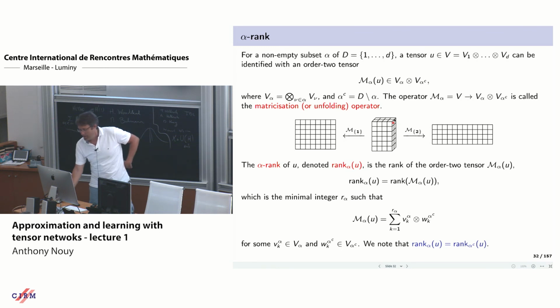If I matricize along the second dimension, I will obtain a matrix with 4 lines and as many columns as the product of dimensions 1 and 3.